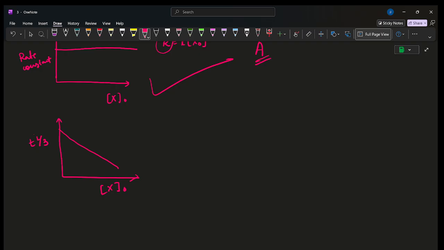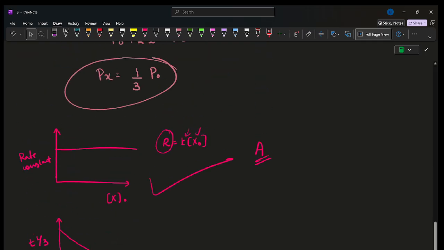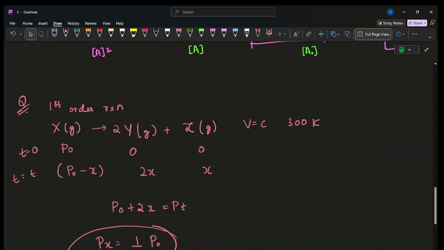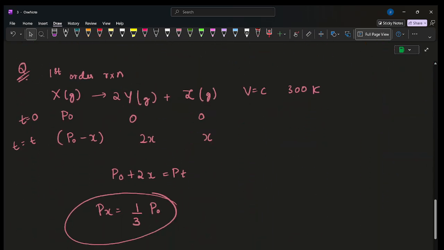Question number 81. Right, so they've done this part. They've come under P0 plus 2x stuff.